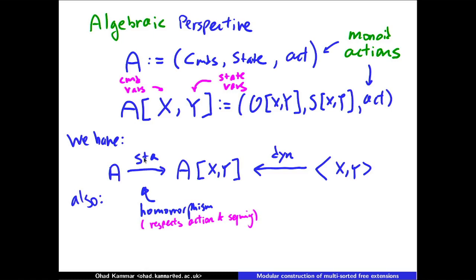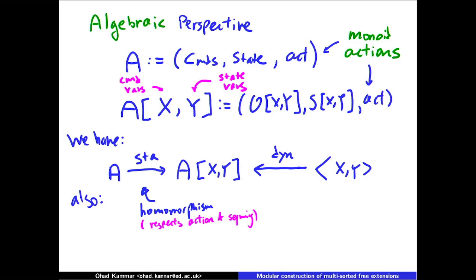You need to check that this operation preserves all the monoid operations and the monoid action as well, so it's a homomorphism. And on this side you have a function that lets you embed the variables, and you use them when you write the evaluator. It might be in your code slightly more inline in a slightly different way, but it's there.